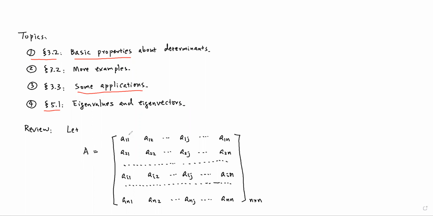Suppose A is this n by n matrix. Then how to compute the determinant of this matrix? Two approaches. Number one, by expansions.